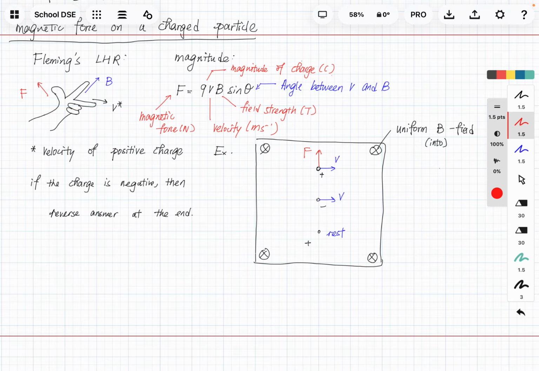Therefore, I can cancel one of the v, and this is the answer: the radius equals m times v divided by qB. Sometimes we may write this mv as the momentum, because mv is just momentum. So this is momentum over qB.